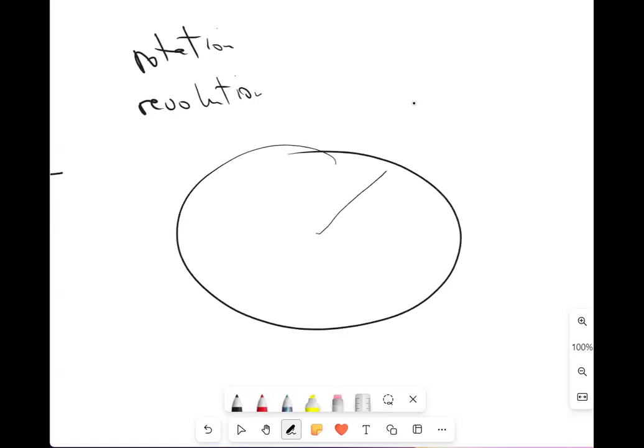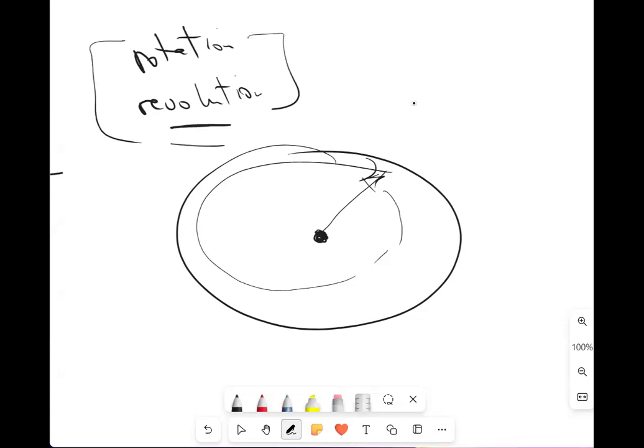The hands go round and round and round, right? They revolve around a certain point in the center, and that's where that word comes from. Some people use the word rotate and revolve. They have some slight differences, but you hear them used interchangeably a lot.